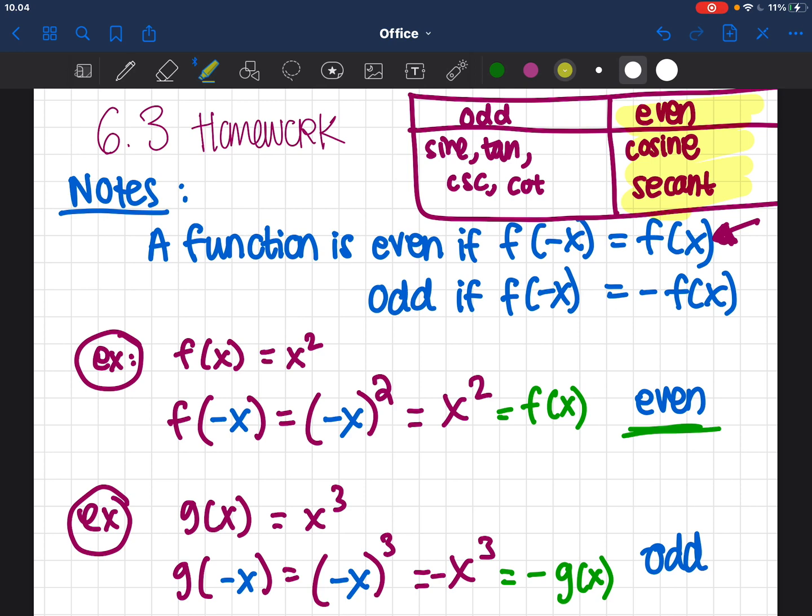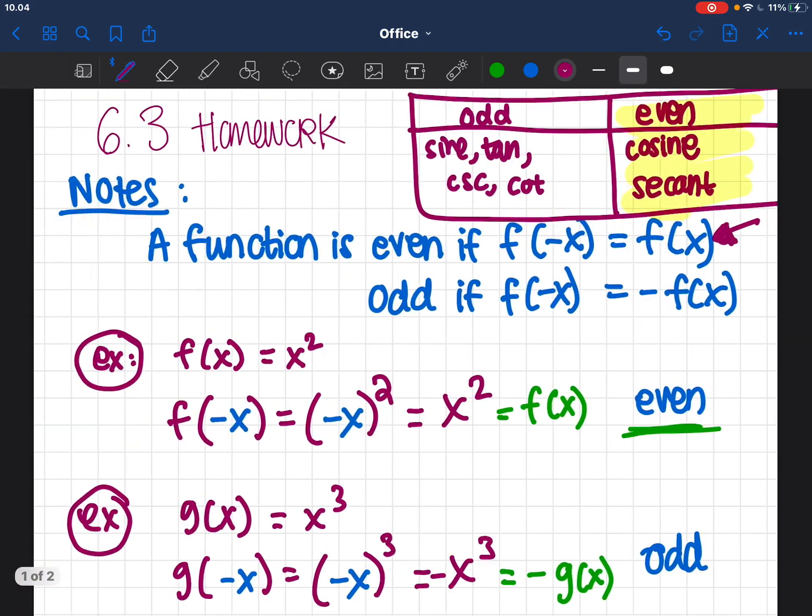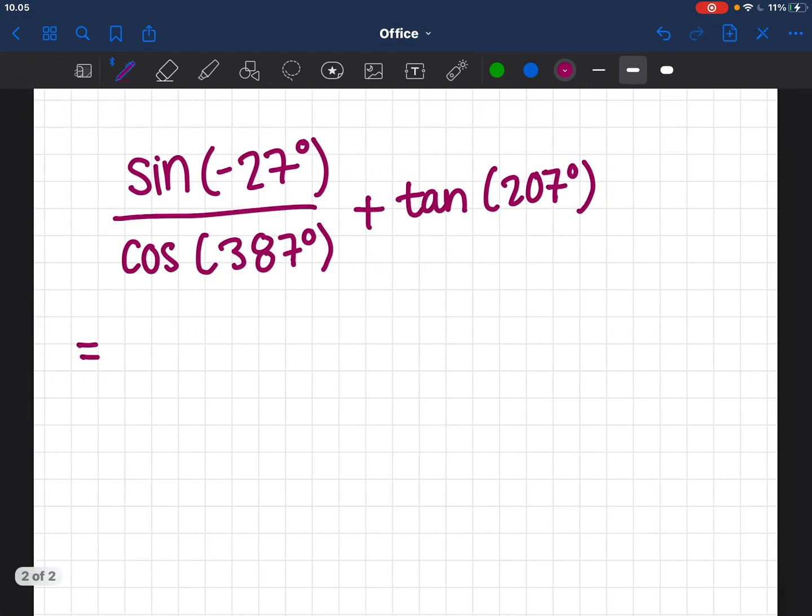And then it's the same thing as cosine of pi. Okay, so that's going to help us because, remember, the only even functions are cosine and secant, so that means sine of negative 27 is the same thing as negative sine of positive 27 degrees.